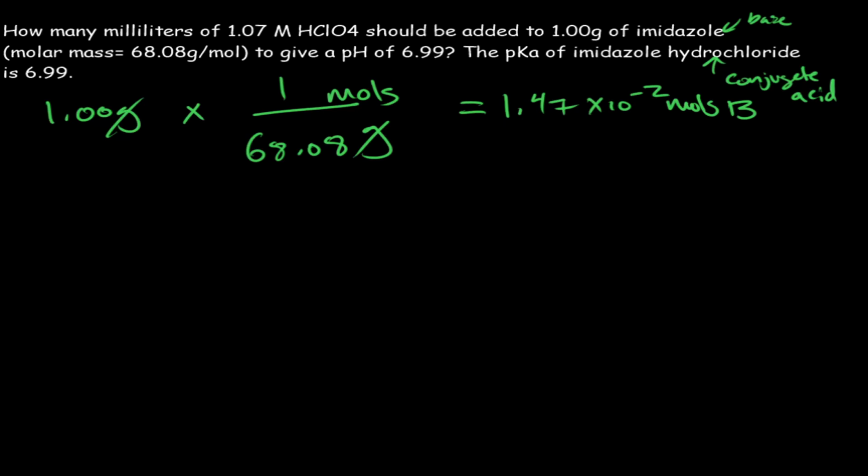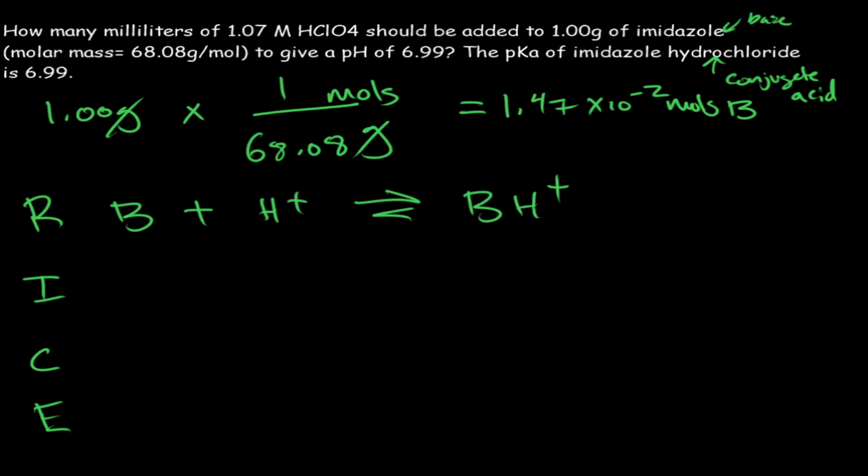So now that we know how many moles we have initially, let's use an ICE table to figure out how many milliliters of acid we need to add. Our reaction would be B plus H plus, our base reacting with acid, to give us our conjugate acid.